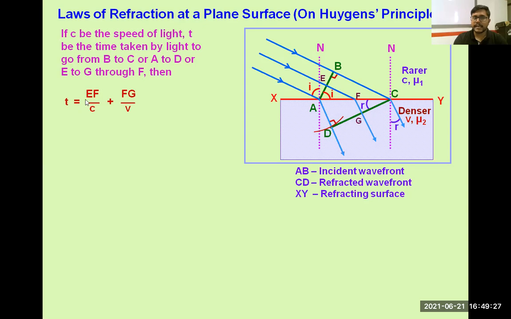For the first case the distance is EF and the speed in the first medium is c. In the second medium the distance is FG and the velocity is v.